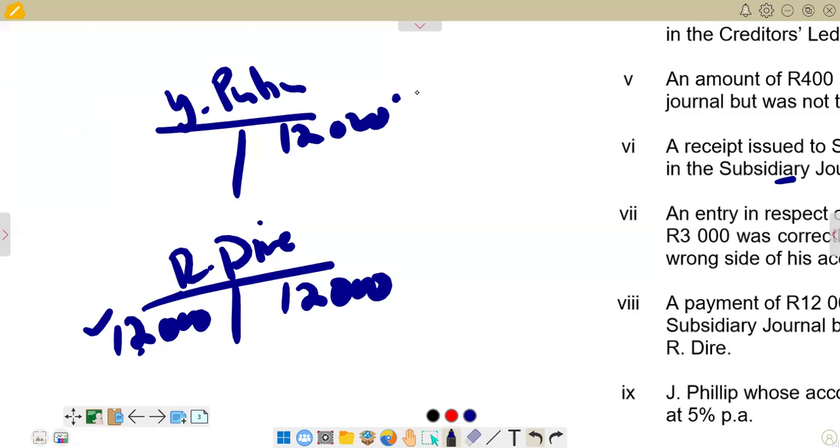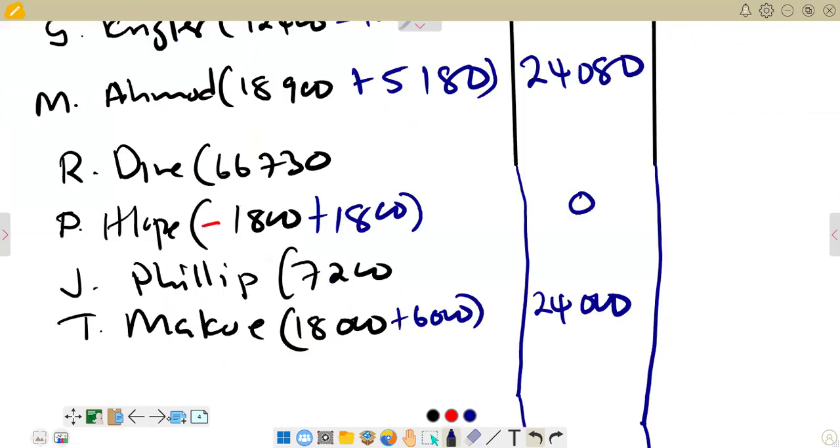So this error is going to affect the debtors list. If it is going to affect Y Putin, it's going to affect Aladdin. So by debiting in Aladdin's account, we are going to add our 12,000 because we are debiting. Remember, when we debit a debtor's account, we add; when we credit, we subtract. But in Y Putin, we are going to enter it as a subtraction. So in Aladdin, we make it an addition, plus 12,000.